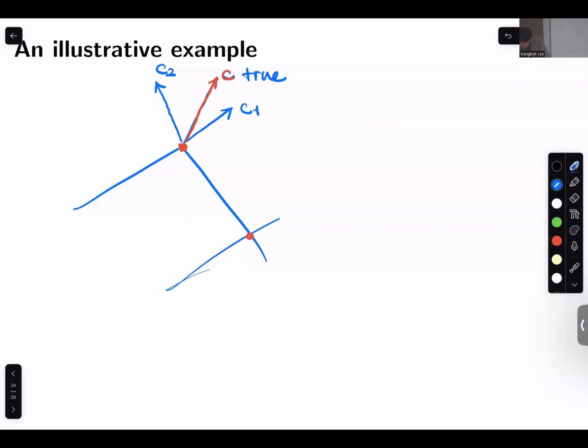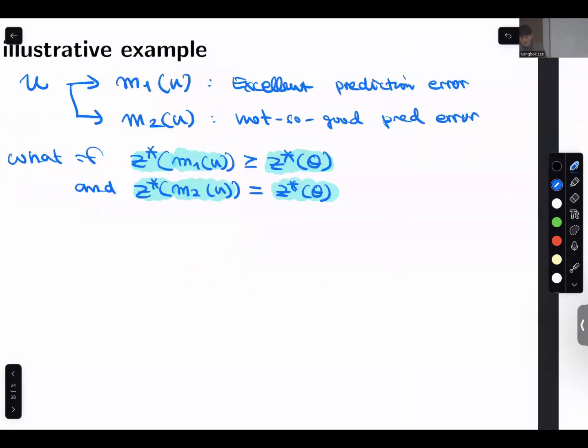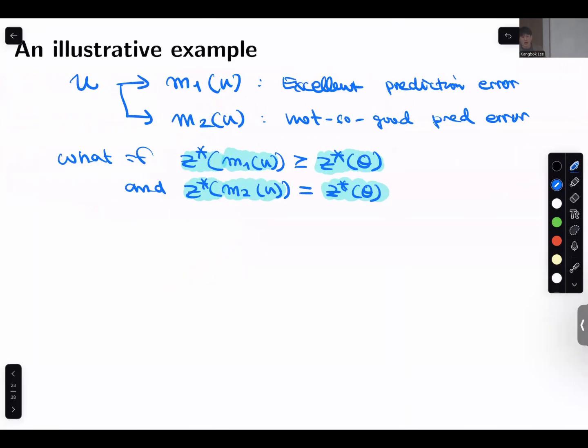So in terms of decision errors, C2 is better than C1. But in terms of prediction error, C1 is better than C2, because the vector is closer to the true C vector than C2 is. And that's exactly what I mean by this: M1, M2, how do we assess the performance of them?